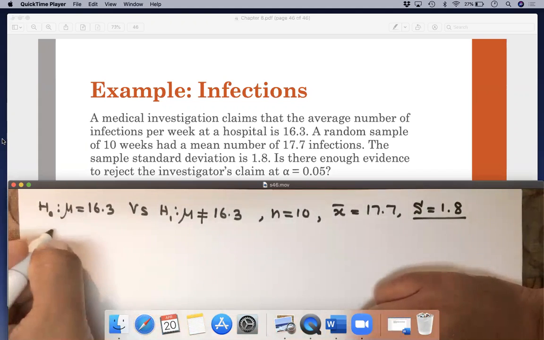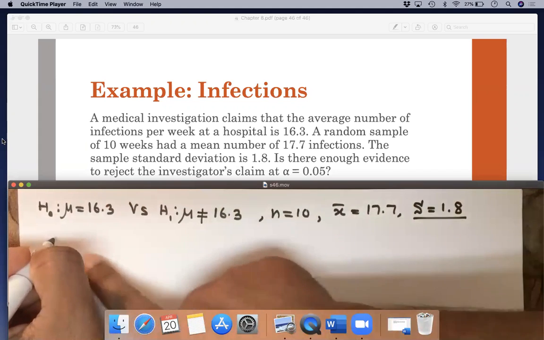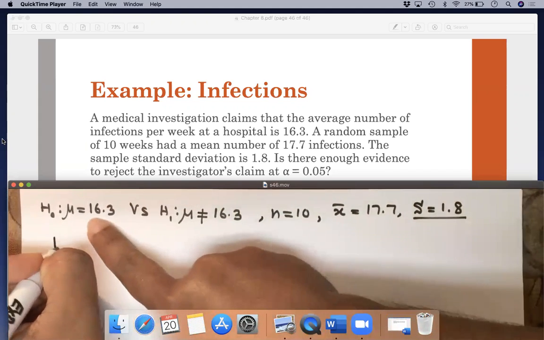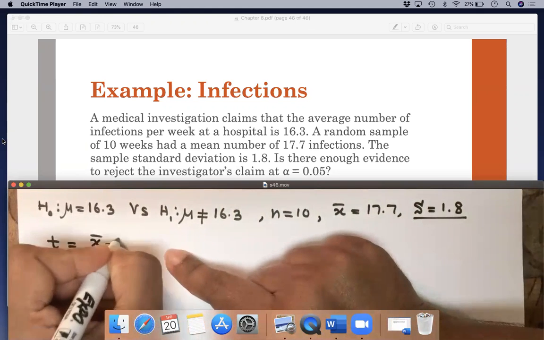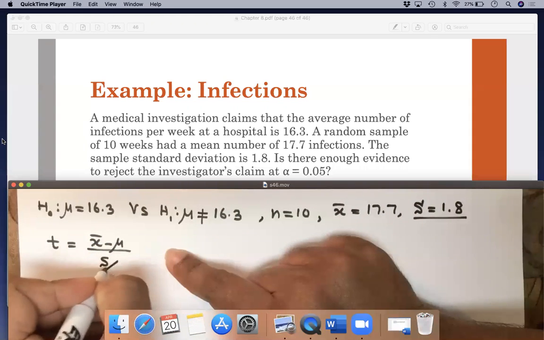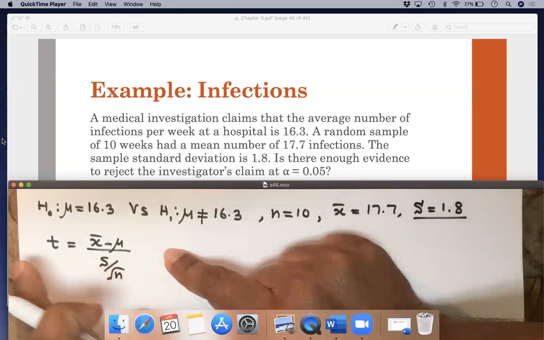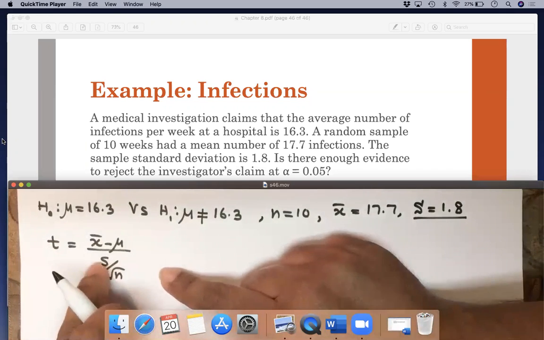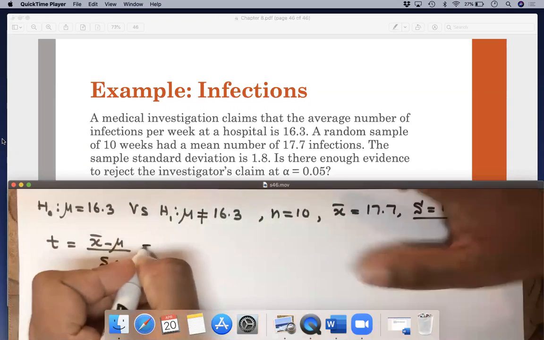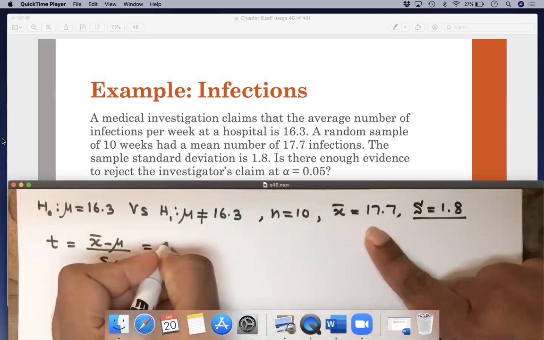Then the second step is you have to find the test statistic. Here you have to pick this formula. Why? Because you don't know your population standard deviation. So use the t test statistic. In here you have t and here you have s. Now you have the values, so substitute. What is x bar?